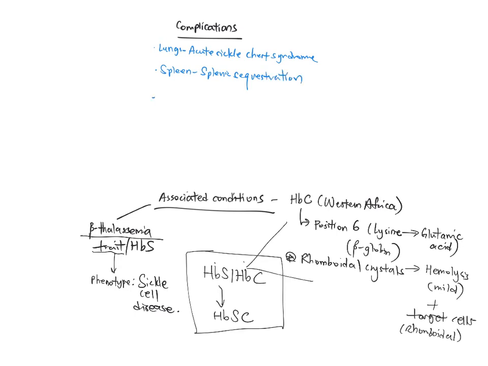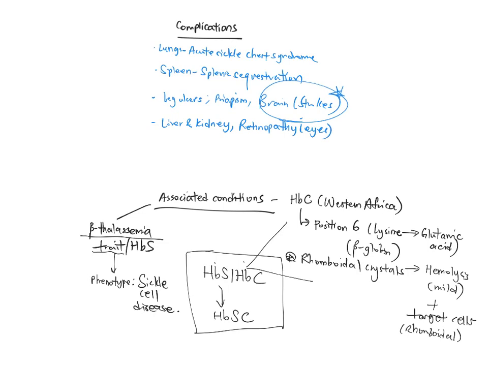We also talked about certain other organs like the skin, where leg ulcers can happen, priapism, where painful erections could happen, and also the brain, where strokes can occur, and it's a very important complication to take note of. Also, other organs like the liver and kidneys could also be affected as well as the eyes, where retinopathy could occur.